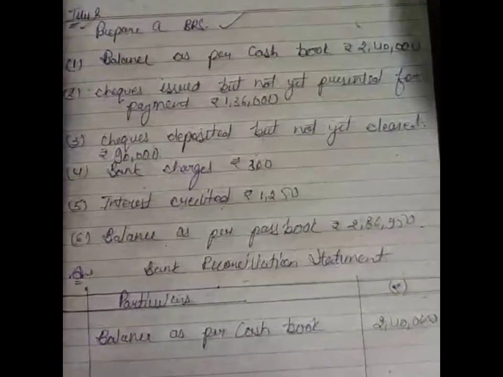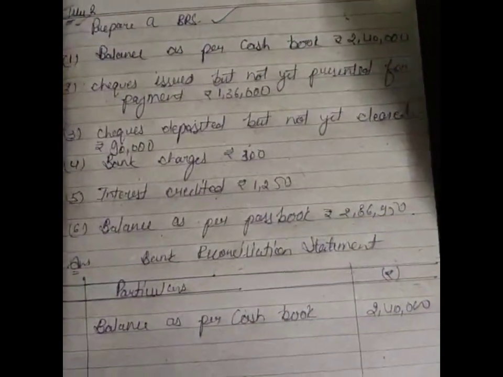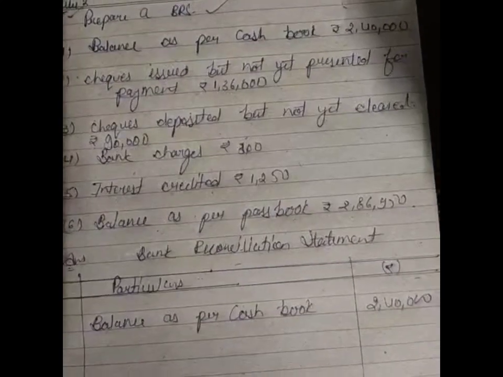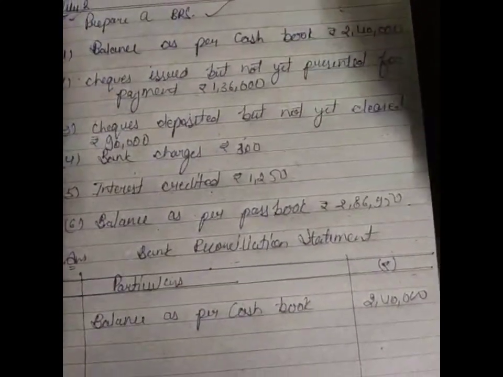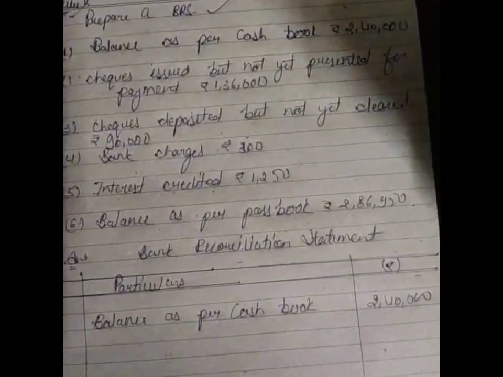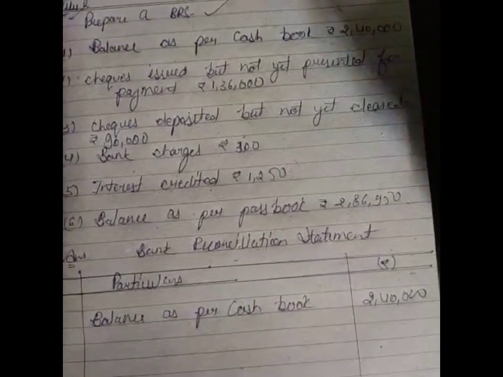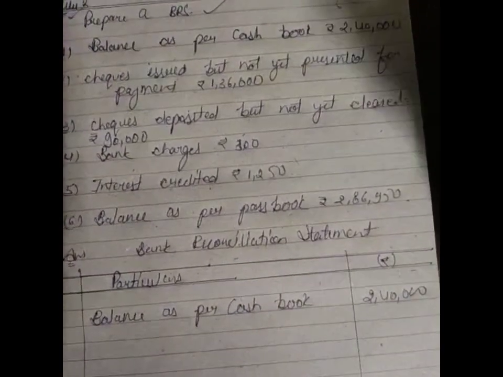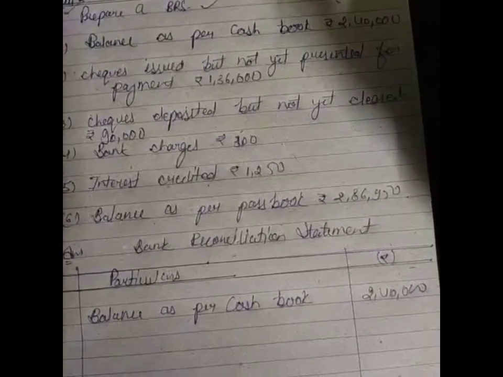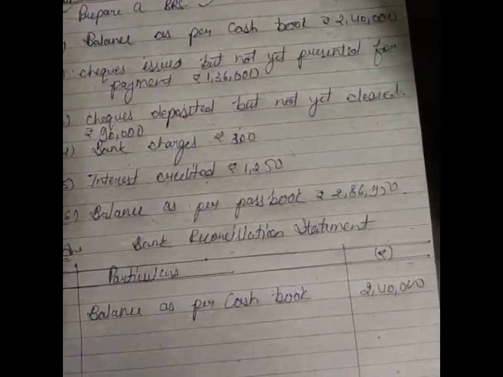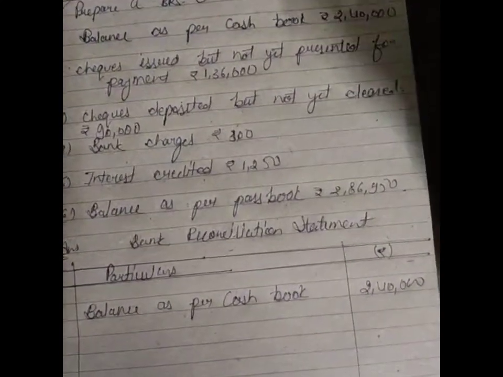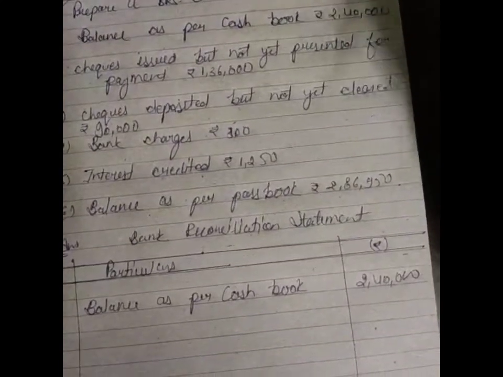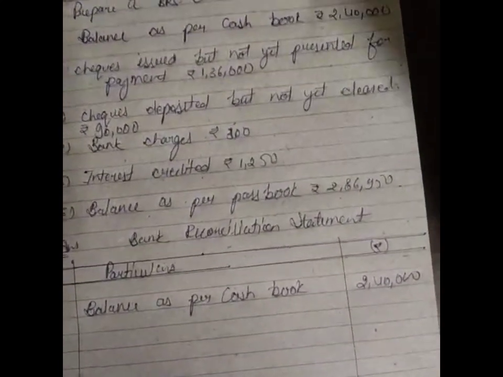These two should reconcile because the effects which have been taken with respect to cash and bank will be governed through the cash book or the bank passbook, right? Every kind of entry which affects the cash book balance and bank passbook balance is made in the cash book and is shown in the bank passbook also.